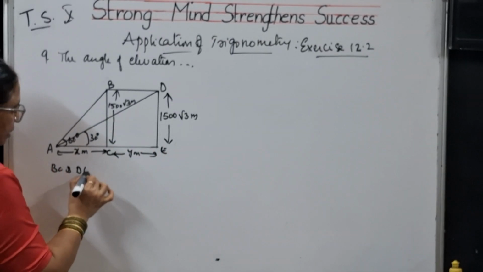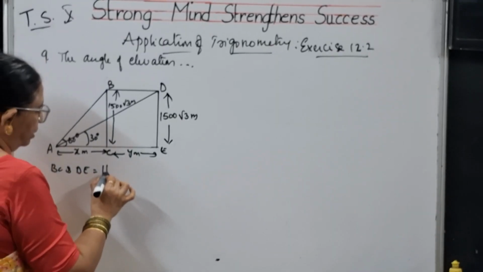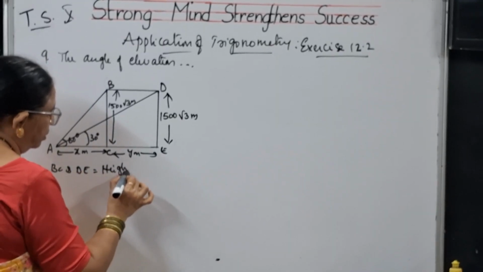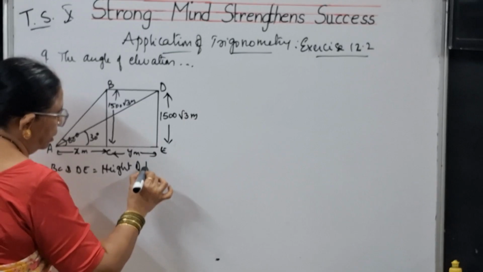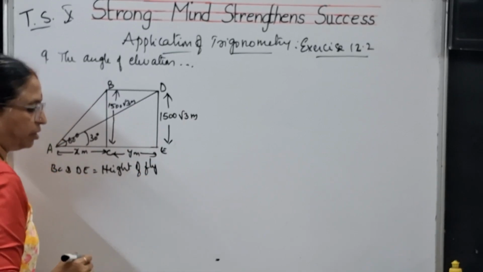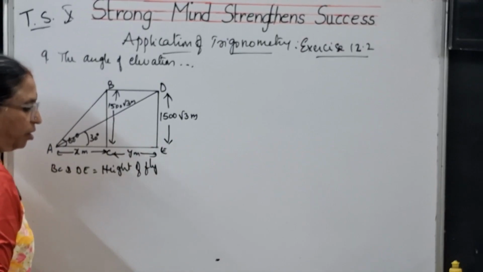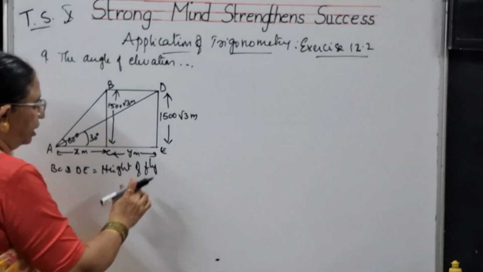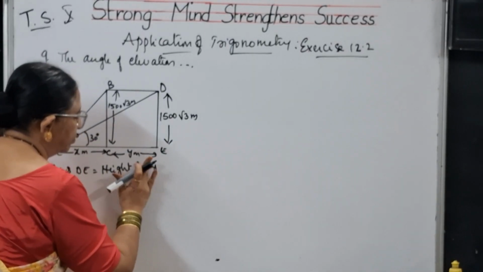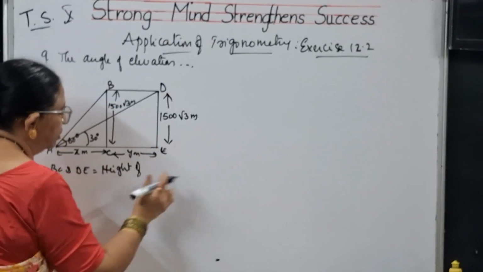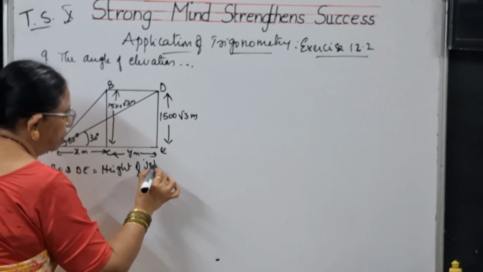BC and DE are nothing but the height of the jet plane.